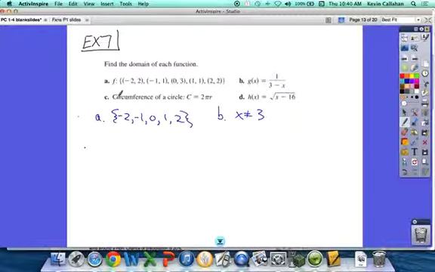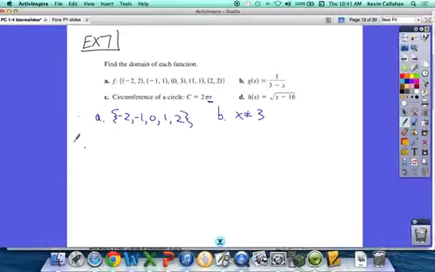Now, look at this next one. The circumference of a circle, we know the formula, 2 pi r. R is like the x of this equation. So the domain is what values can I plug in for r? In that formula, is there any dividing going on that I might divide by 0? Is there any square roots that I could take the square root of a negative number? So would you think that the domain is all real numbers?